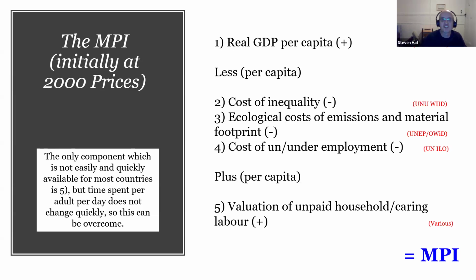You end up with a figure which is maybe 20, 30%, sometimes a bit more than 30% of GDP, which is perhaps a little bit on the low side, but at least we've included a valuation of some kind in our indicator.